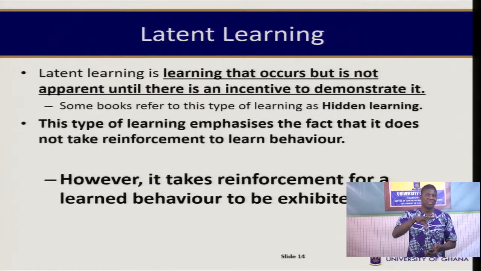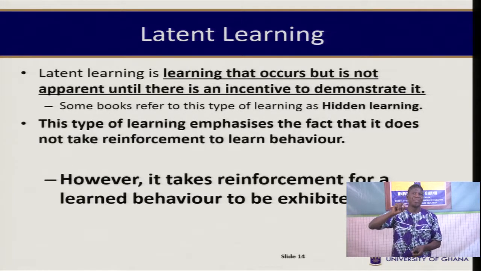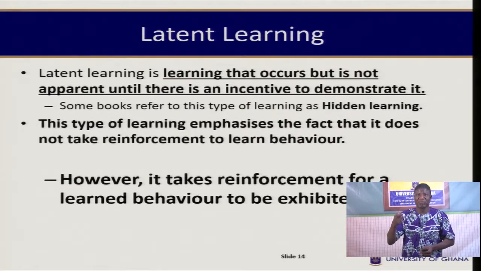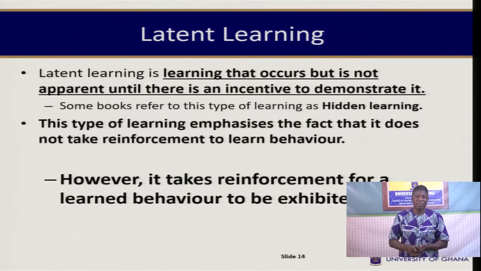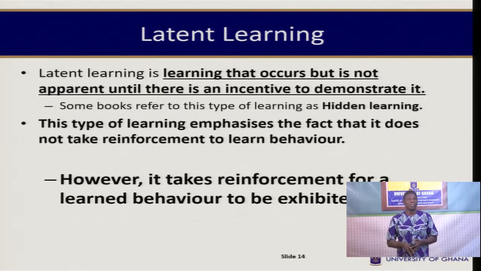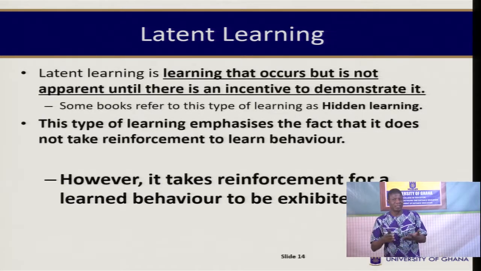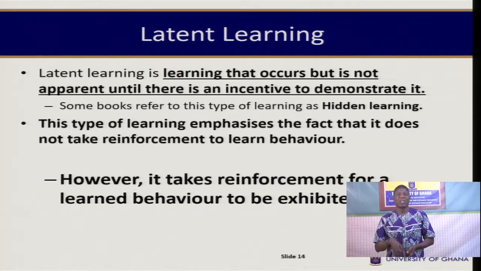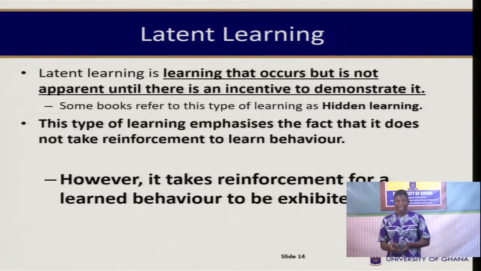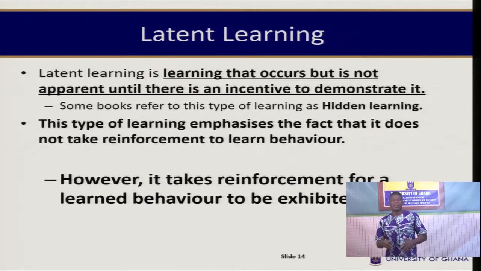Sometimes you may not know it is even there until there is some form of incentive for you to bring out what you have learned. So latent learning emphasizes that it does not take reinforcement to learn a behavior. However, it takes reinforcement for a learned behavior to be exhibited. That is latent learning, hidden learning.